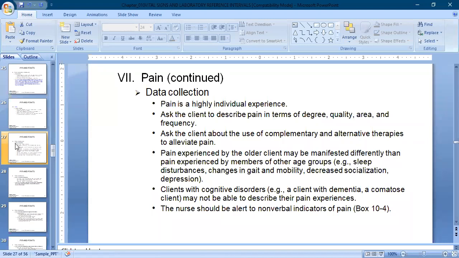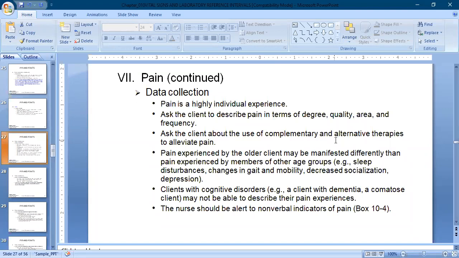So here, pain is an individual experience, right? You do not see the pain. When the patient explains, you have to listen to or feel the patient's pain. Ask the client to describe the pain: the degree, quality, or frequency. Ask the client about the use of complementary or alternative therapies.